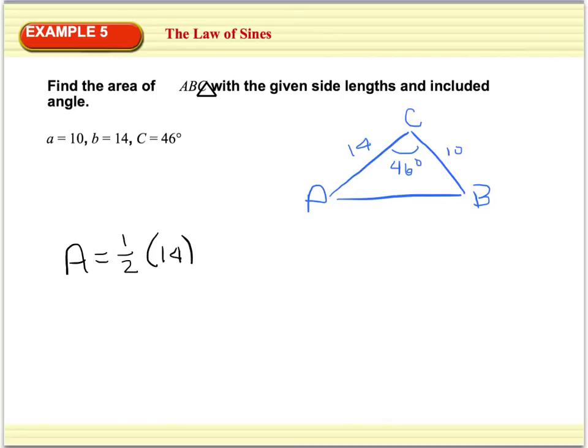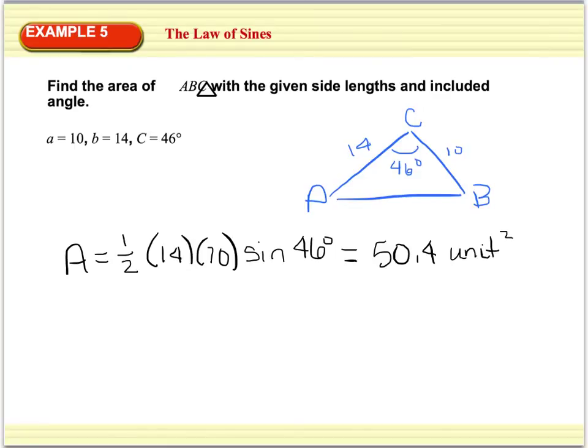So I have 14 times 10 times the sine of the angle that I know as well, which in this case is the sine of 46 degrees. When you simplify all of this, you should get 50.4, and because this is area, we really have square units.